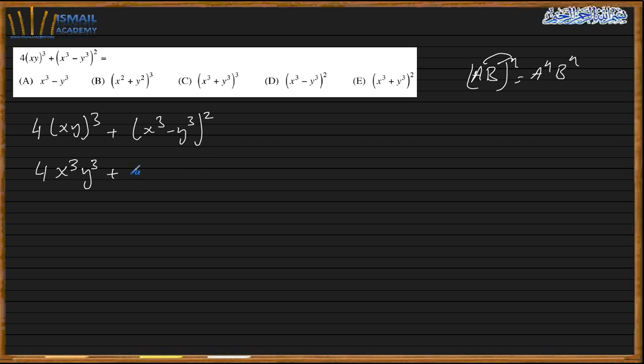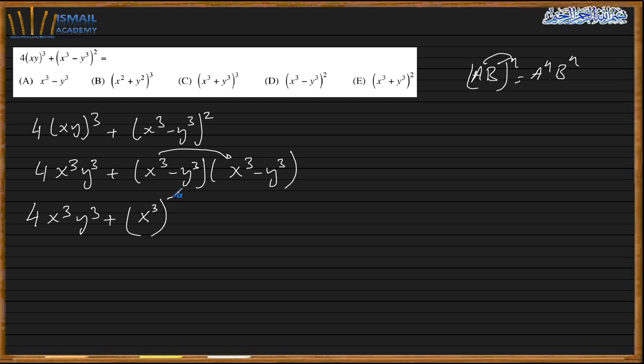And here I'm going to distribute, or FOIL if you want to use that word. So 4x cube y cube plus here I will have x cube. I don't want to add, but I will make it square. You will see later on why. Because the form they give me here is in a power form, so I need to make sure that I will have a power at the end.